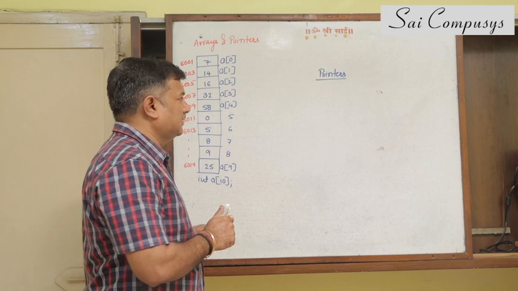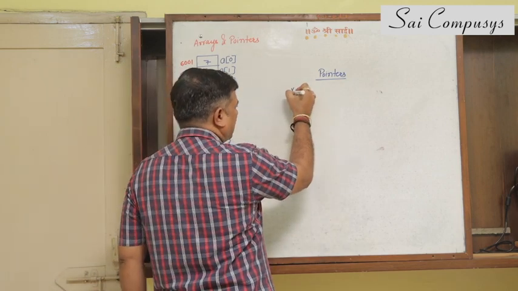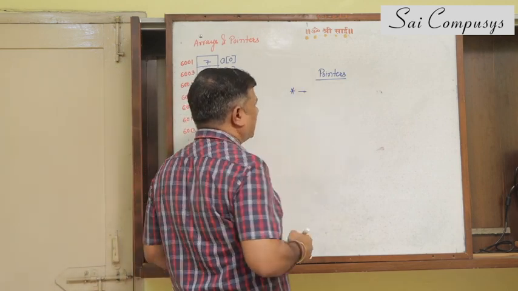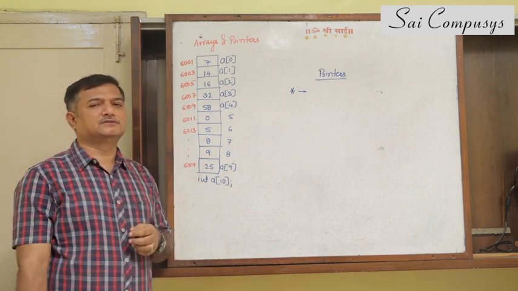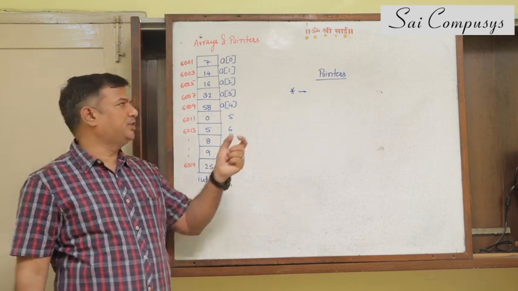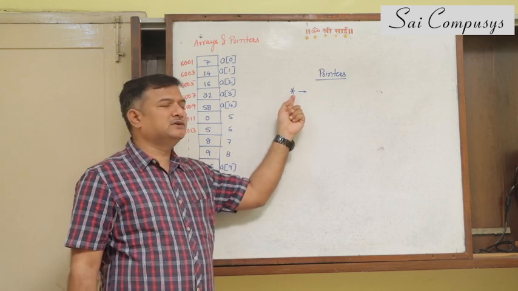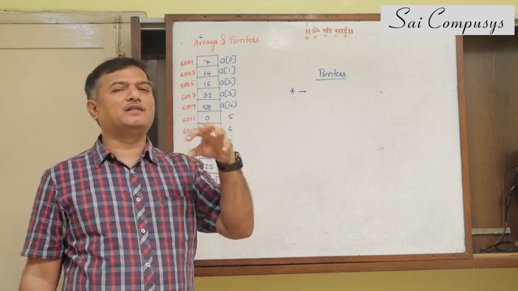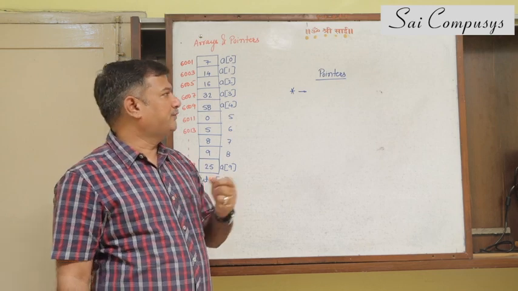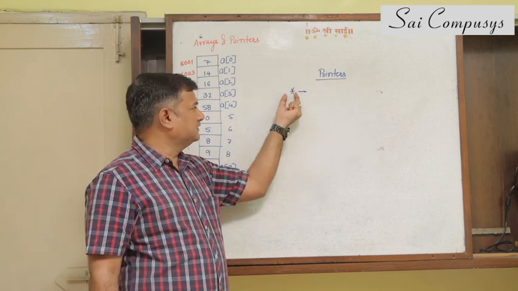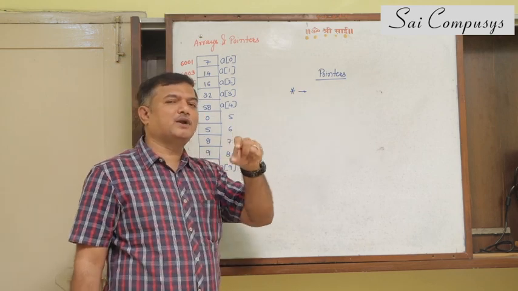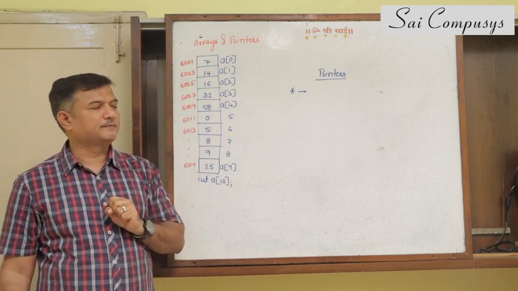In pointers, you know about star. Star stands for value at address. If you place this star in front of any computer location or address, it gives you the value stored at that address. So in front of addresses, we put this star just to get the value stored at that particular address.